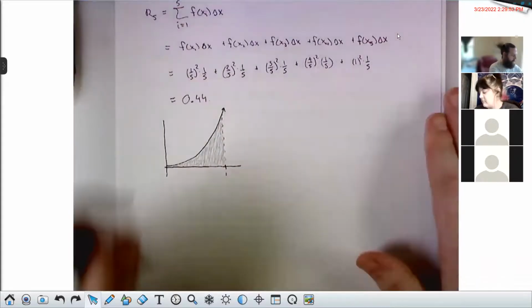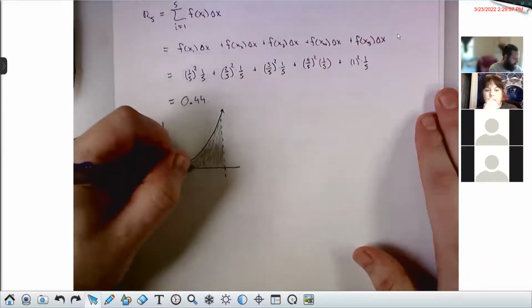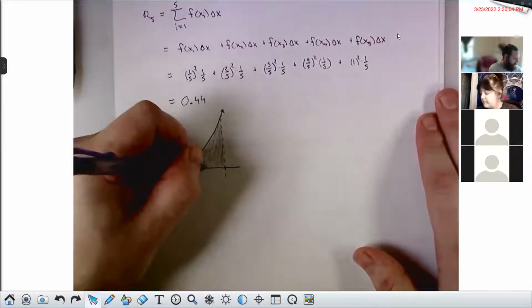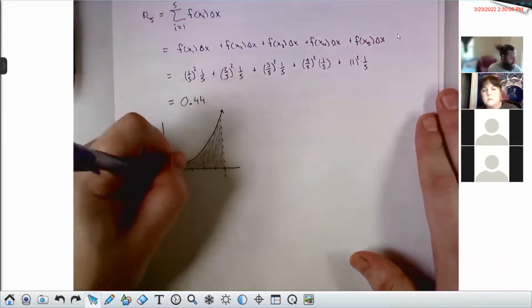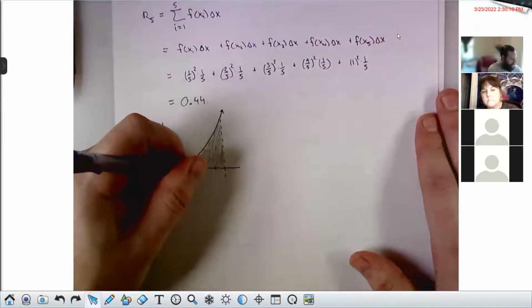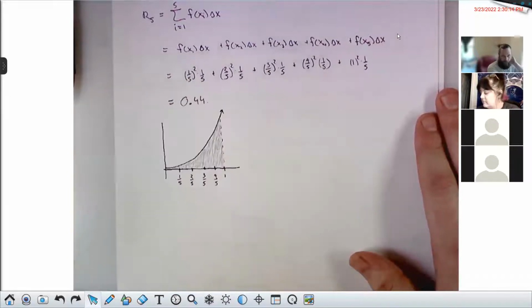L5 is, so this is 1/5, 2/5, 3/5, and 4/5.